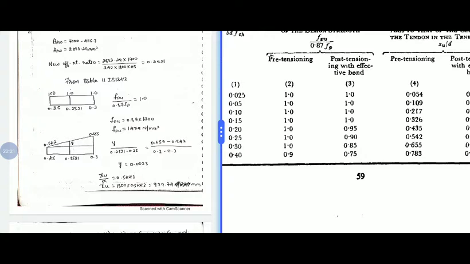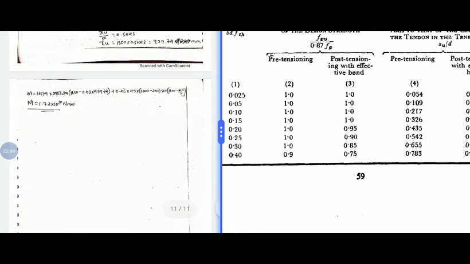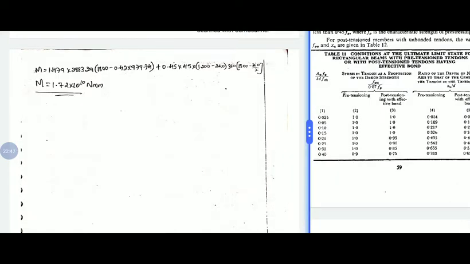On interpolating we will get XU by D ratio as 0.5443 and XU value as 979.74 mm. Then on considering the equation and substituting all the values, we will get 1.72 into 10 power 10 Newton mm as the ultimate flexural strength of the member at center of the span.